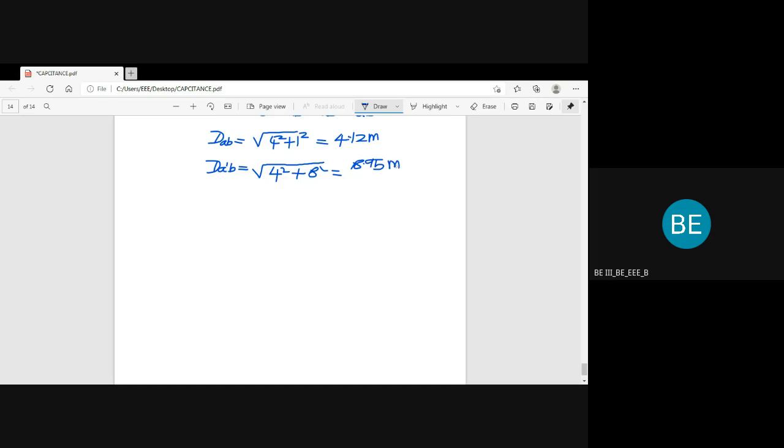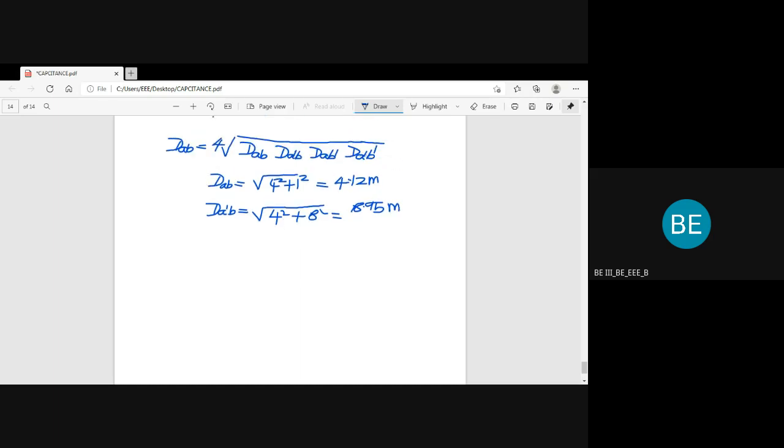So once we have found the remaining, DA'B will be equal to DAB'. So once you find that, we can find DAB.